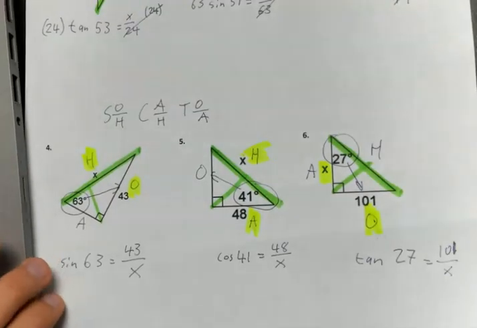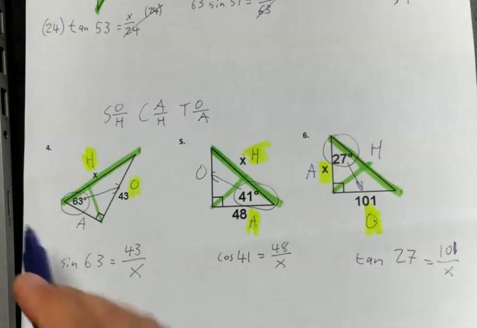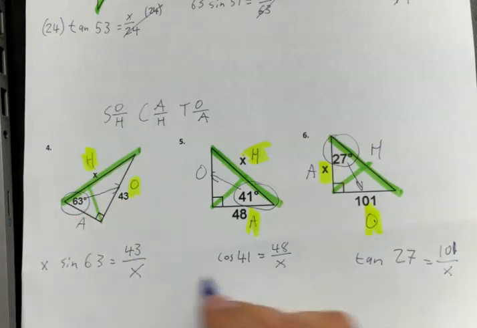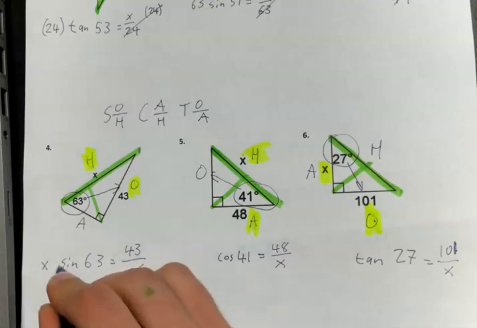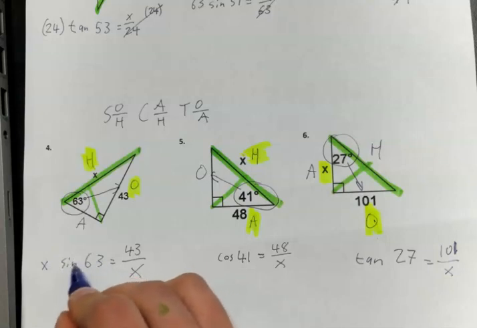All right, on these bottom ones over here, notice that here we have x on the bottom. All right, so first, in order to solve, we need to get x to the top. So to get x to the top, we multiply x over here, okay, and then now we want to get rid of the sine 63 so that we get x by itself.